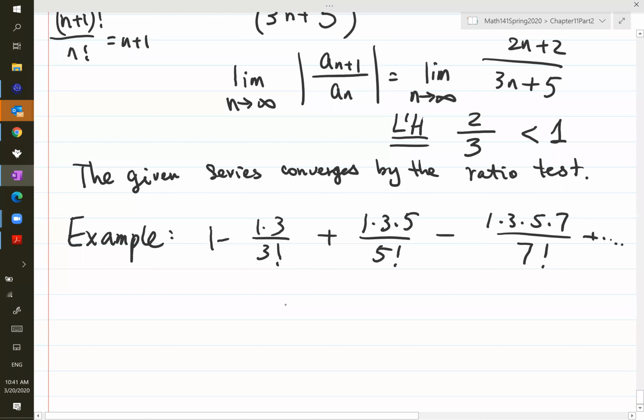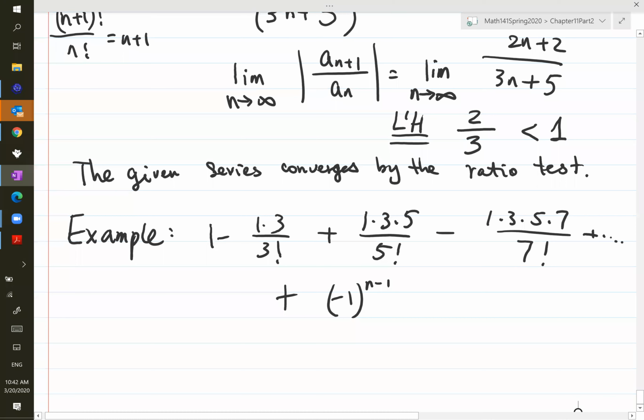So let's write down the general term. You see it's alternating, so we have the alternating factor (-1) to the power n minus 1. Then we have the product of all terms 1, 3, 5, 7. Usually we have a notation, the double factorial, (2n minus 1) double factorial.